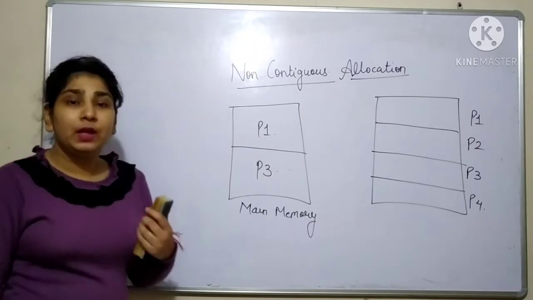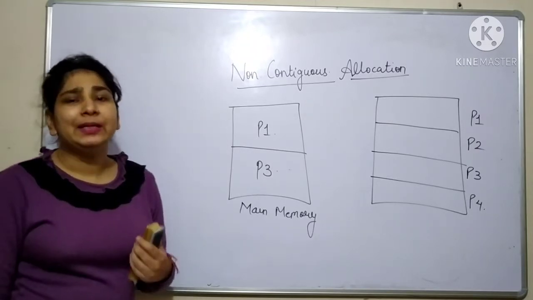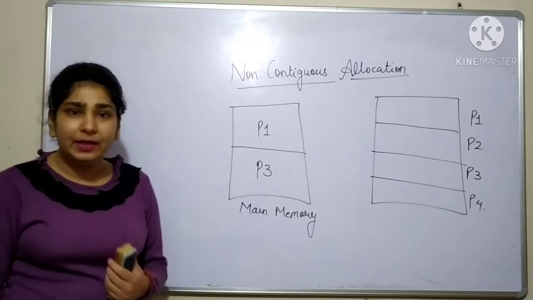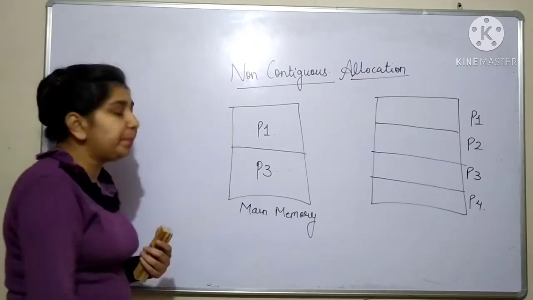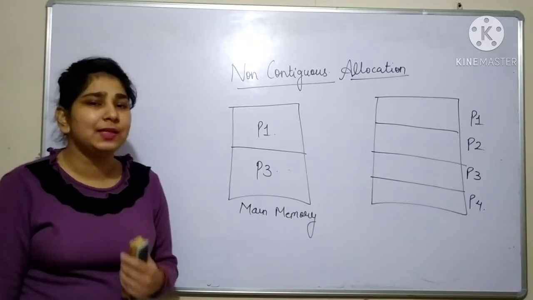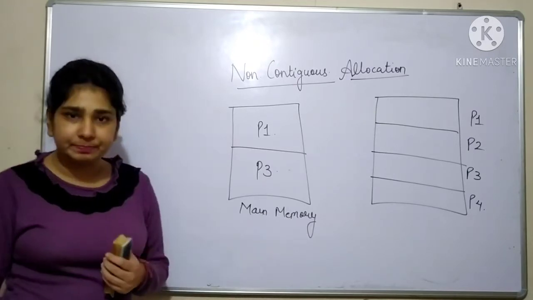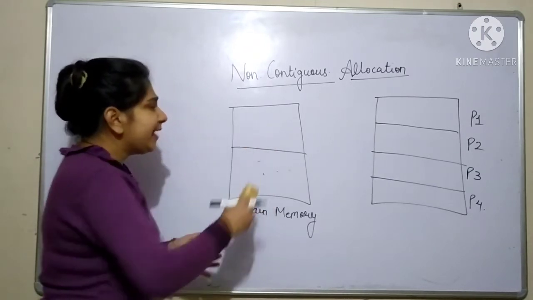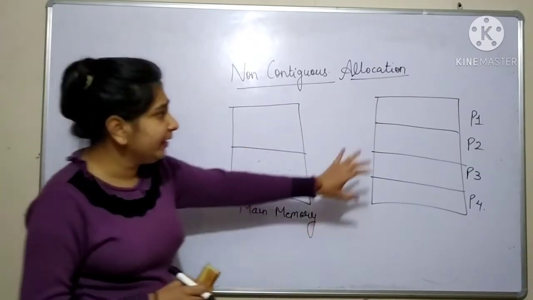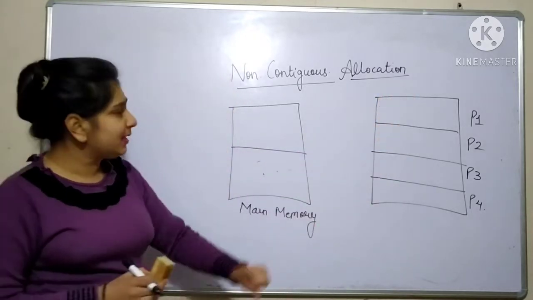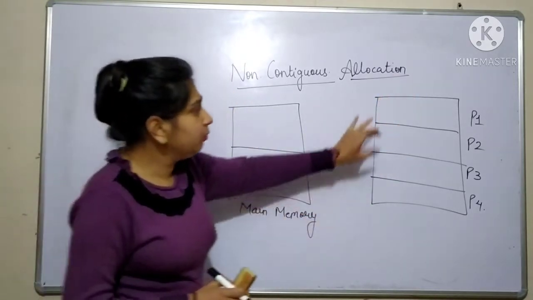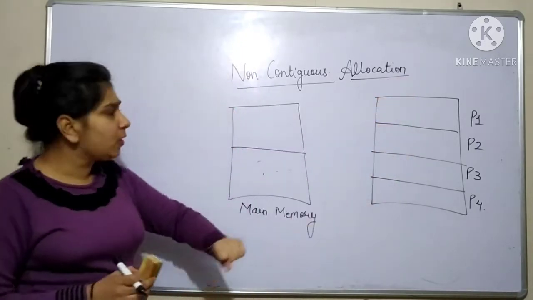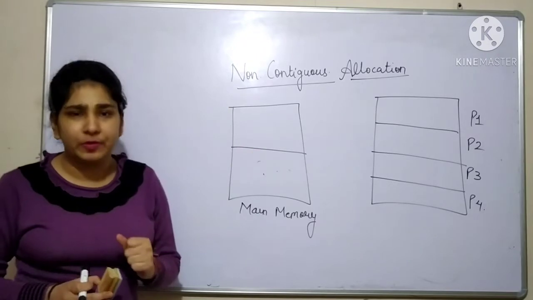So to implement multitasking, we want to keep many processes in the main memory. So what we did, instead of keeping the entire process in the main memory, you put some of the instructions of your process in the main memory.